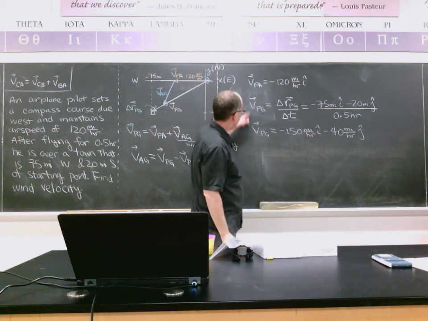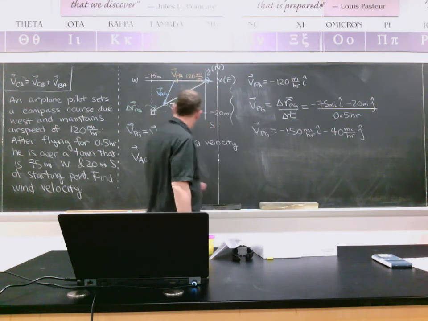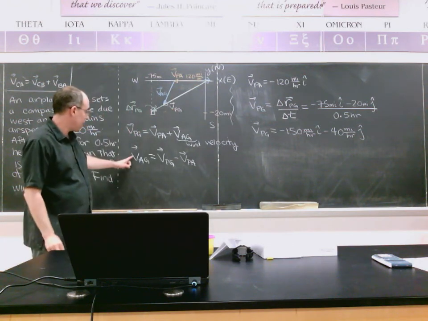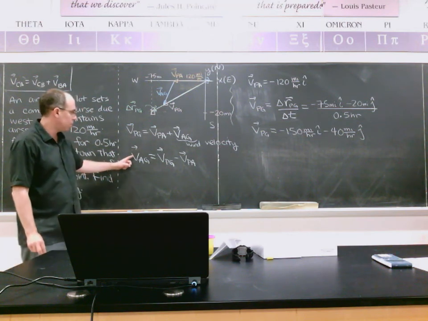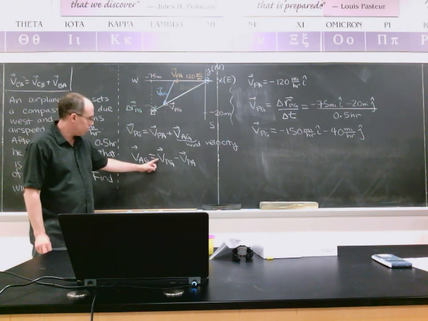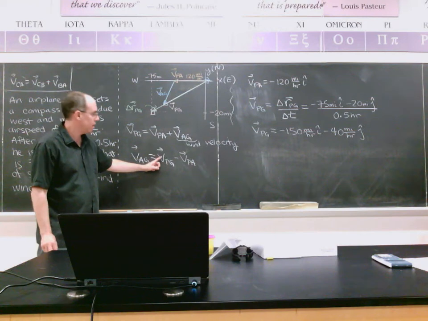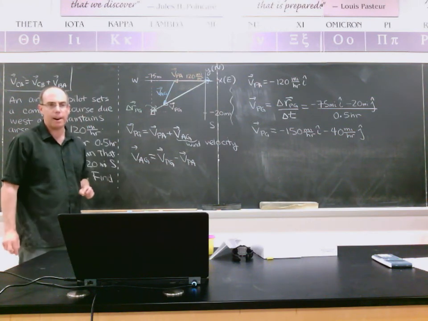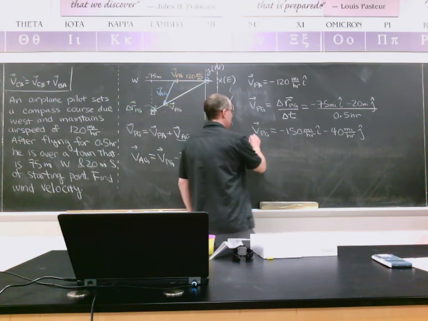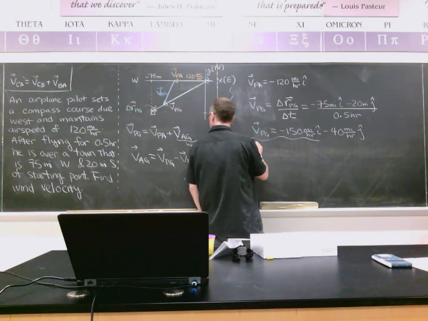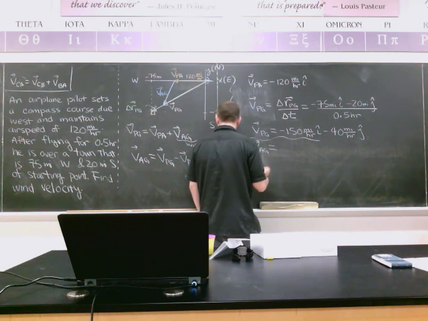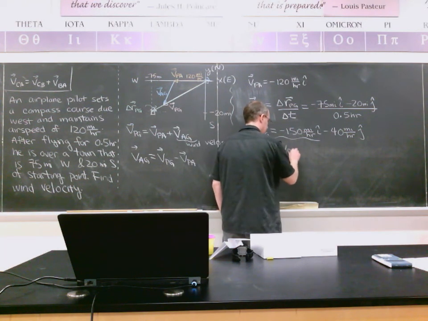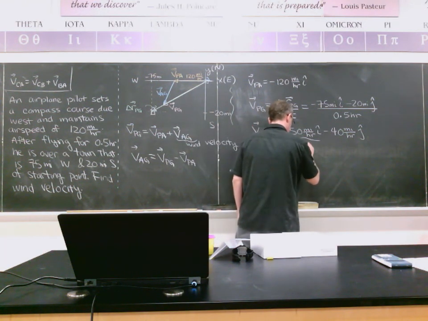Now we want to finish up the computation and get the wind velocity. Remember, the wind velocity is velocity of air with respect to ground, and we worked it out from the sandwich rule that it would be equal to velocity plane with respect to ground minus velocity plane with respect to air. So putting it together, we have velocity air with respect to ground equals velocity plane with respect to ground minus velocity plane with respect to air.